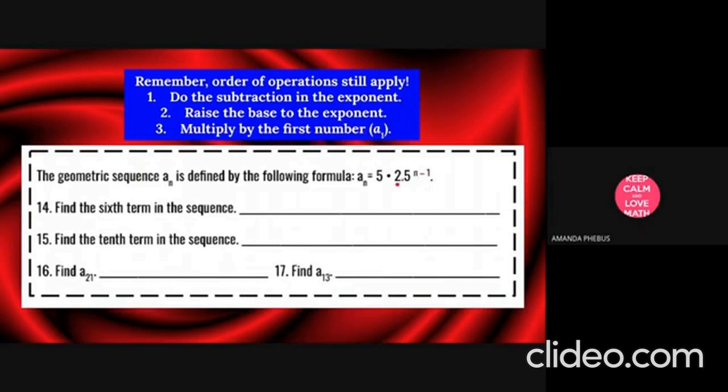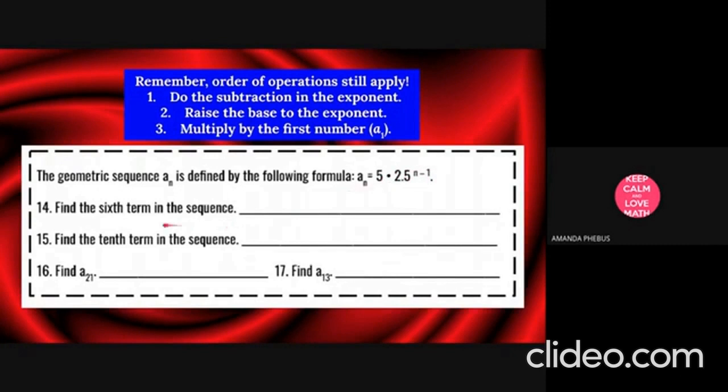Then you use that exponent. So we'll do 2.5 to some power, and then you multiply times a sub 1. Okay, so multiplying is last. You've got to deal with the exponent first, and in order of operations, remember PEMDAS, exponents are up near the front.